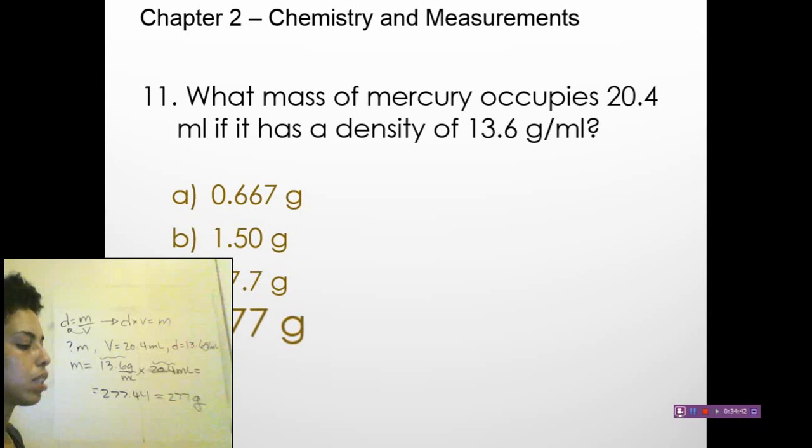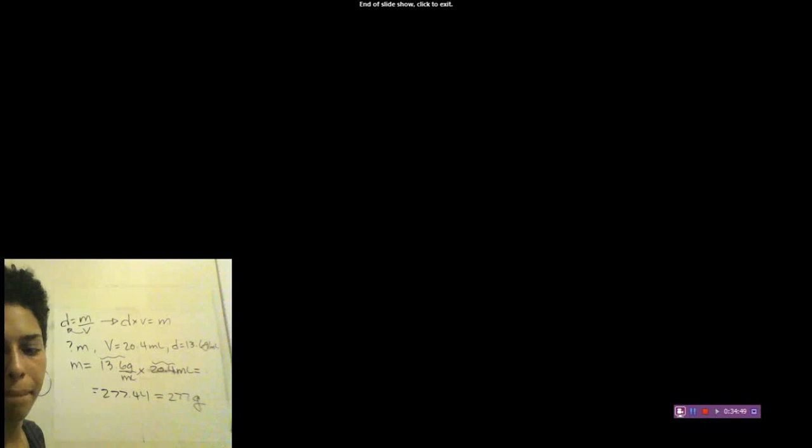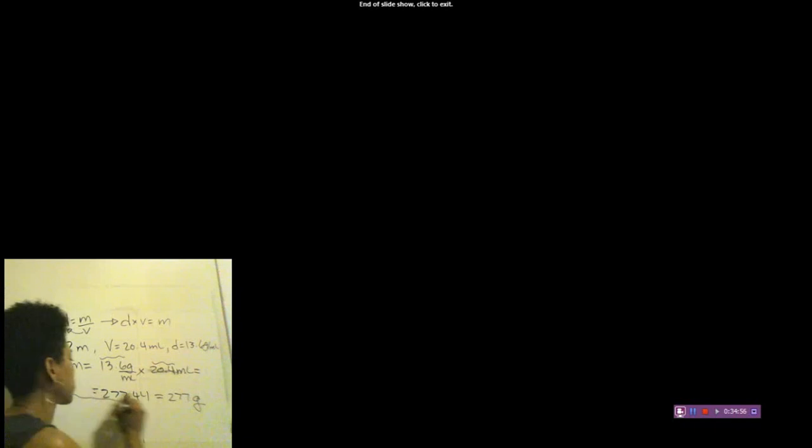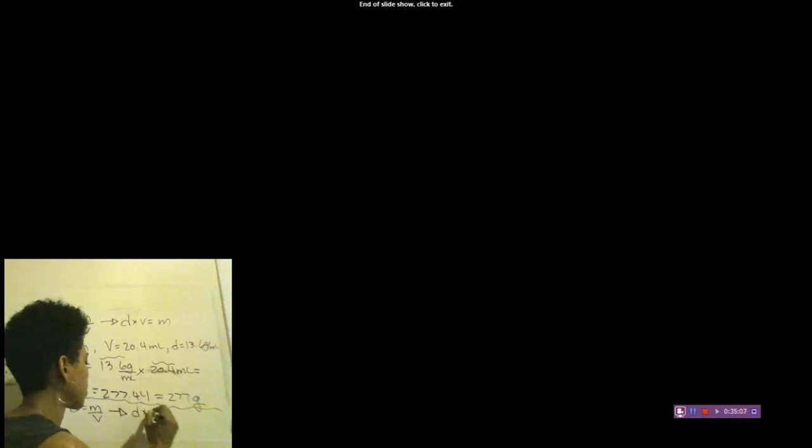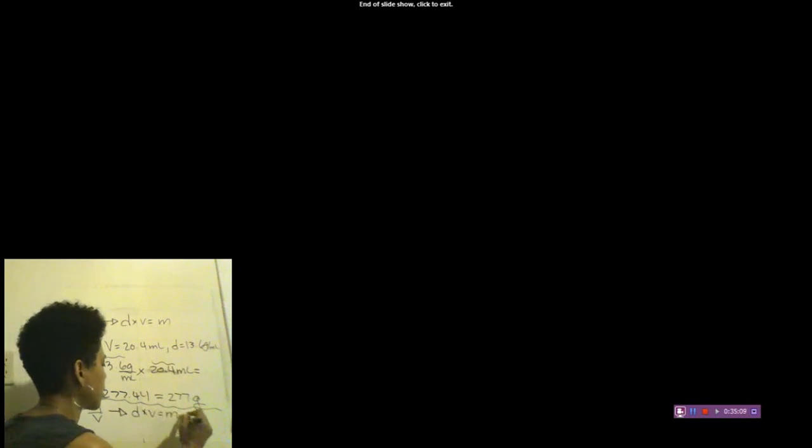Okay. Now, one last thing. If you wanted to determine the volume, so if density is mass over volume, and I wanted to know volume, then density times volume is mass, and then I'm going to get volume is equal to mass over density.